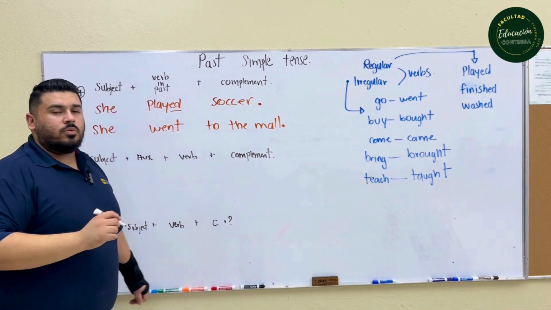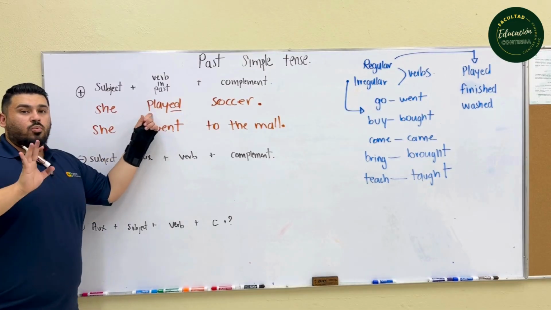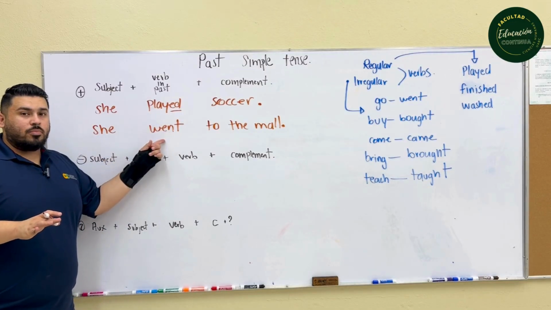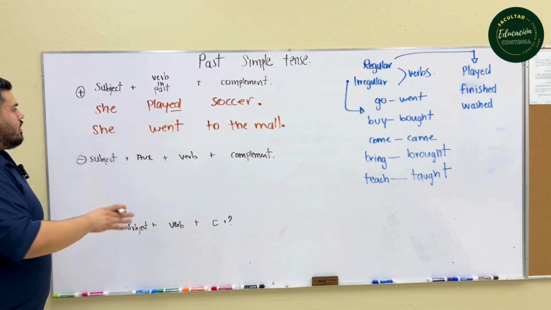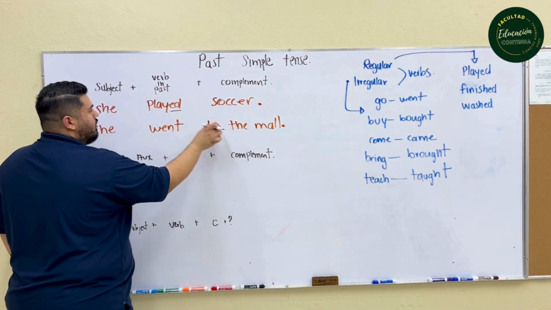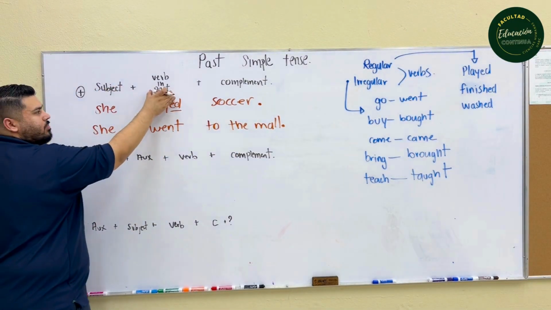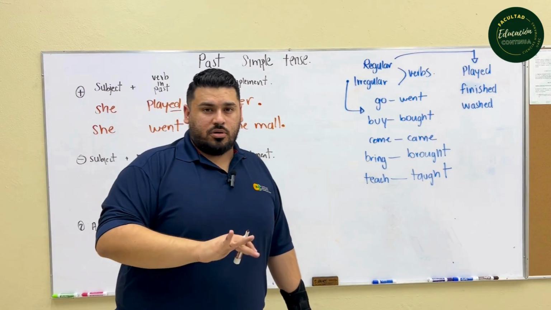The same structure, but one verb is regular and the other verb is irregular. Now, she plays soccer. She went to the mall. You need subject, verb in past, and complement. And that's all that you need, just for positive sentences.